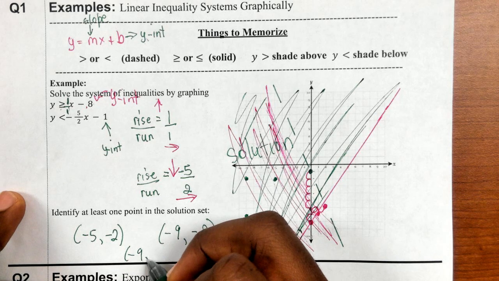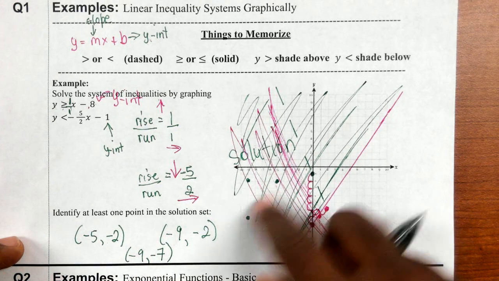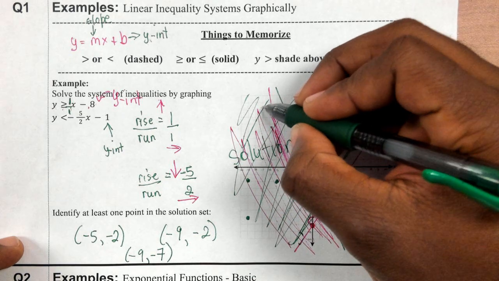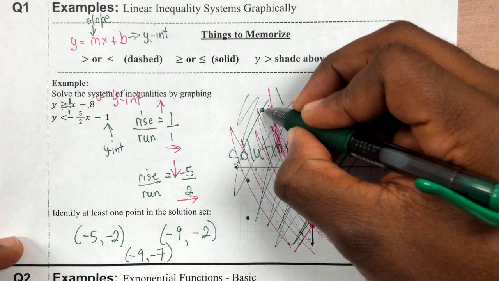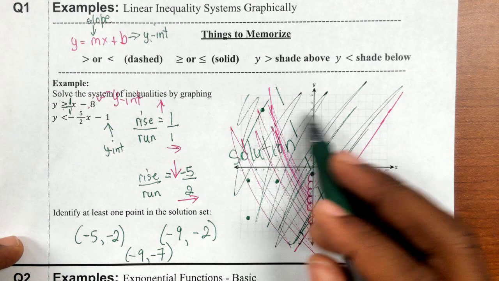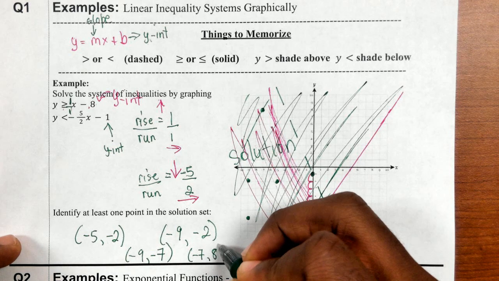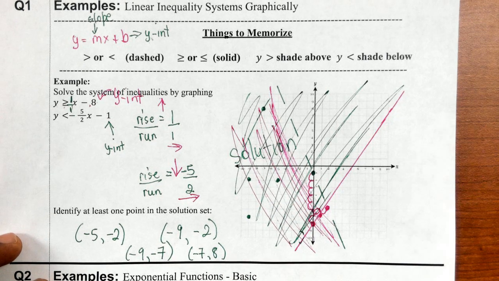So -9, -7. Any of these could be a solution, anything that's in the solution area. Solutions could also be up here. Another solution you could have is -7, 8. All of those could be an answer. All right, so again, just like that.